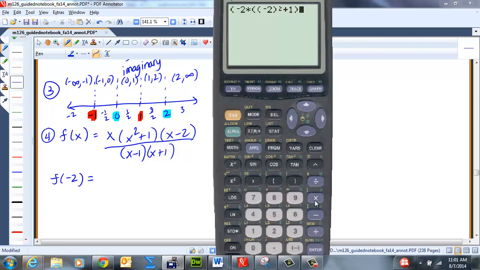And then times (-2 minus 2) in the parentheses for that numerator, and then divided by parentheses (-2 minus 1) times (-2 plus 1).